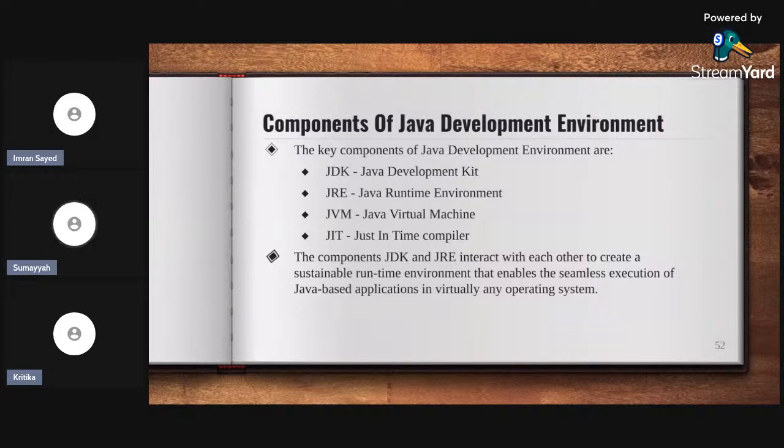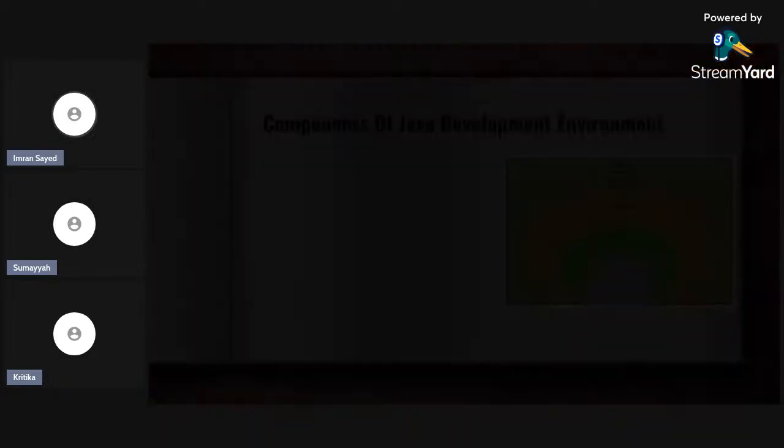The components JDK and JRE interact with each other to create a sustainable runtime environment that enables the seamless execution of Java-based applications in virtually any operating system. I think they can ask questions like explain JRE, JVM, in short questions. Towards the end, normally they ask to write short notes on these topics. At least we should know what they are.